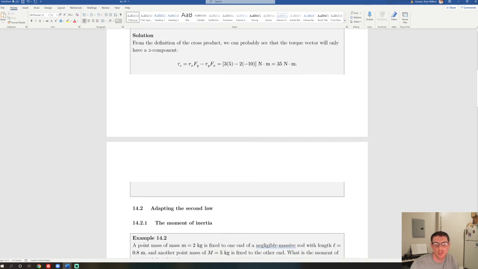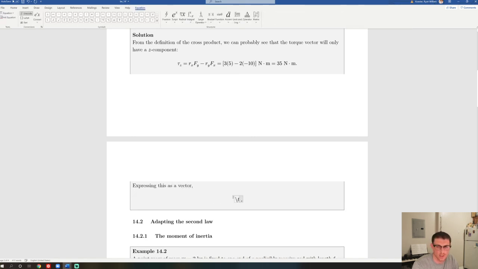So if we want to express the torque as a vector, we could write that the torque vector is given by the ordered triple where the x component is 0, the y component is 0, and the z component is 35 newton meters.